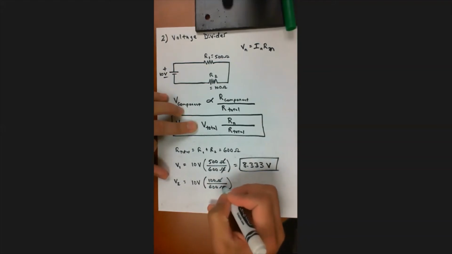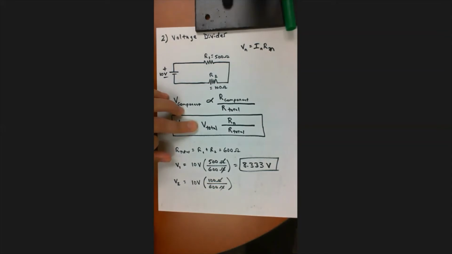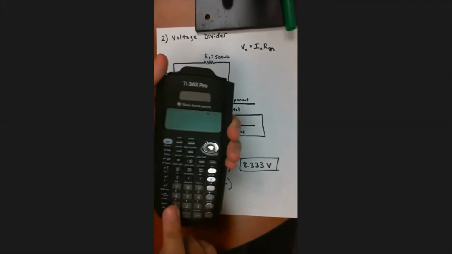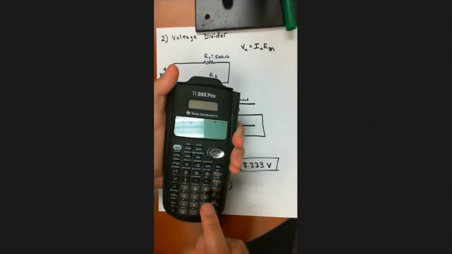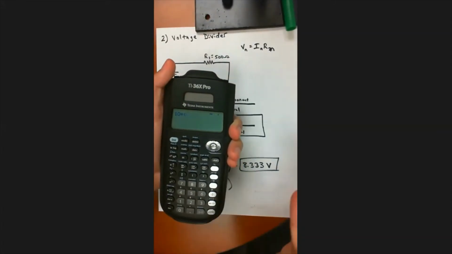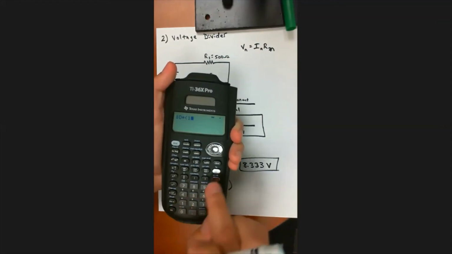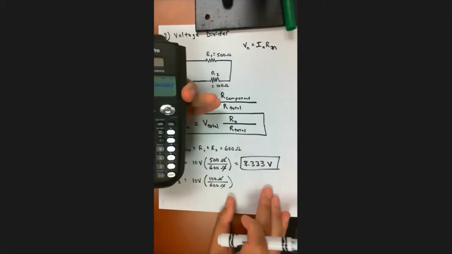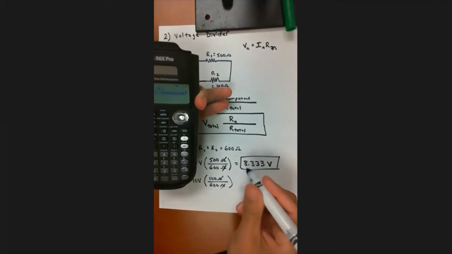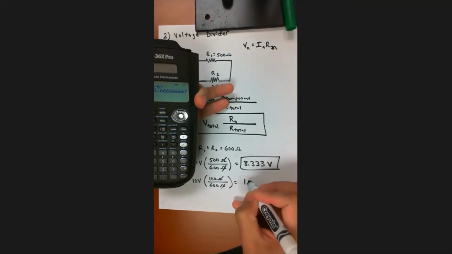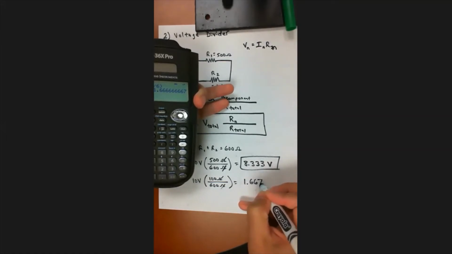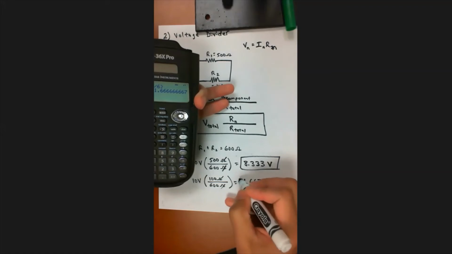Once again, your ohms cancel out, your hundreds cancel out, and you're left with 10 times, in parentheses, 1/6, or 100/600. And that gives me 1.667. We'll round to the nearest millivolt: 1.667 volts.